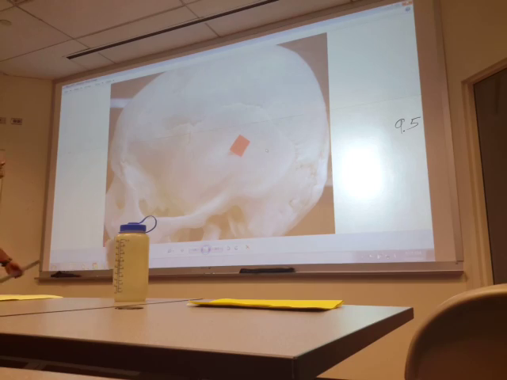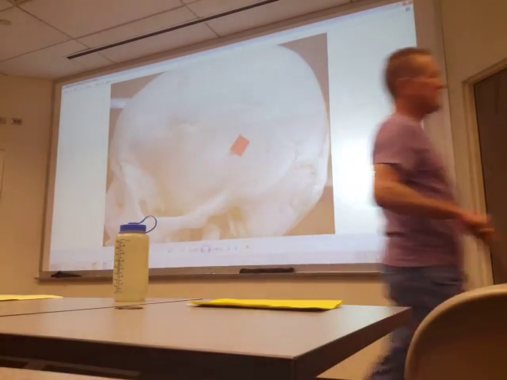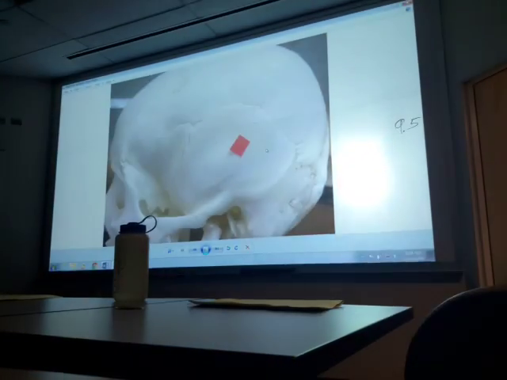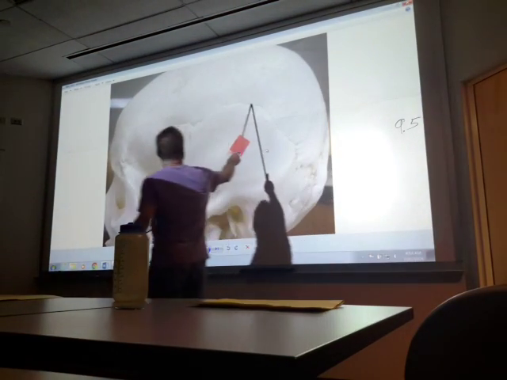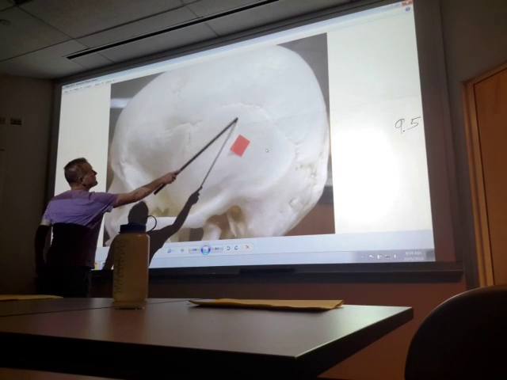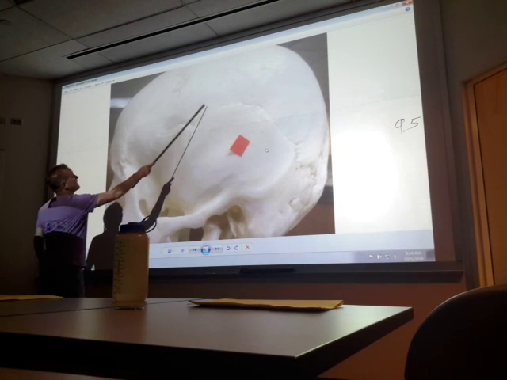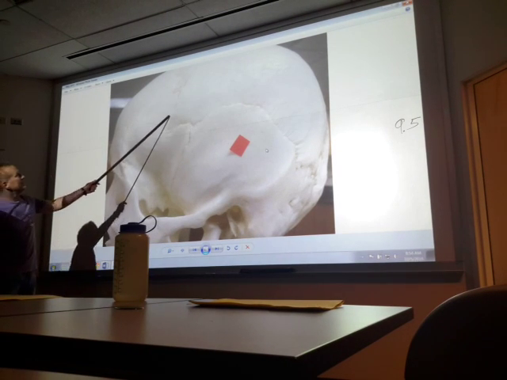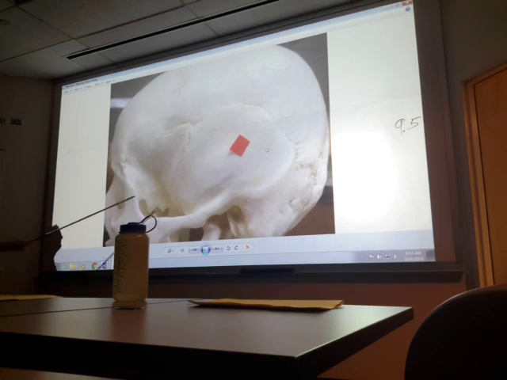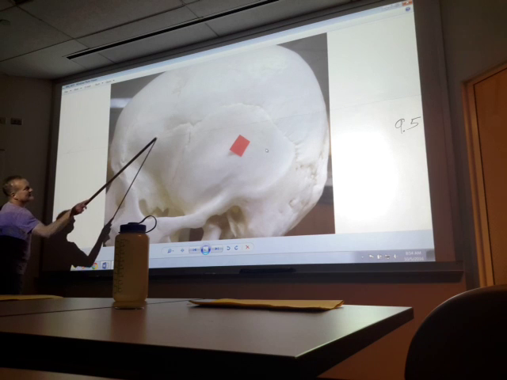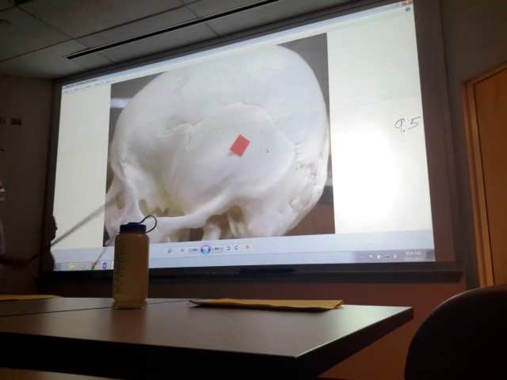So we can see, nothing's ever as clear up there as it is on the monitor, but we can see, for example, the suture here separating the temporal bone from the parietal bone. We can see the coronal suture there separating the frontal bone from the parietal bone. We can see the external aspect of the greater wings of the sphenoid bone.